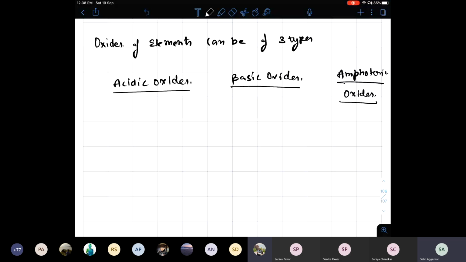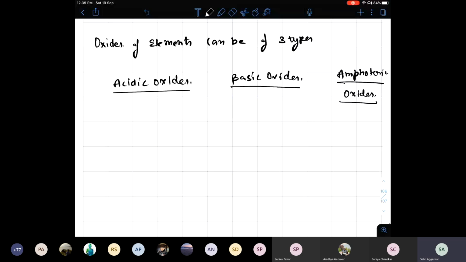Any metallic oxide is a basic oxide and it releases OH ions in solution. Very good. So basically, when we add water to that oxide, it will form a base, right? Yes, sir.